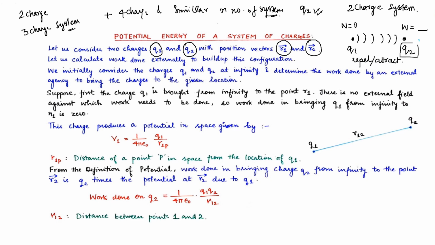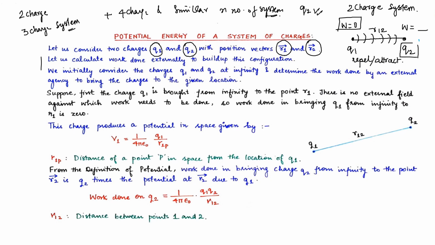So to bring these two into this configuration at distance R12, we need to provide some external work, and how we are going to find that work will be studied in this part. Hopefully you understood the basics of how we are bringing the charges and how we are defining it. You got to know the work done for Q1 is 0, and for bringing Q2 we need to do some work.